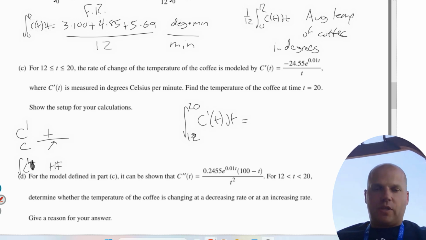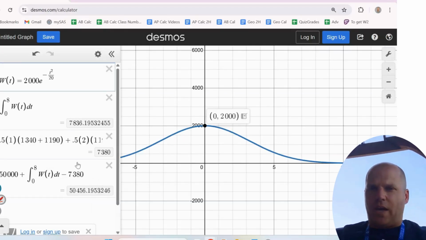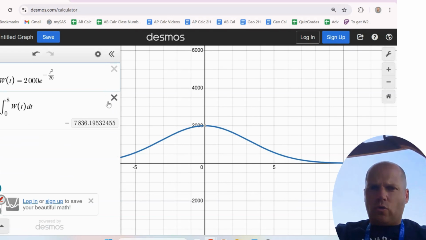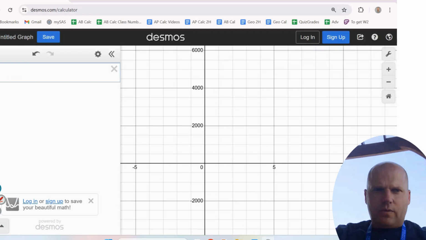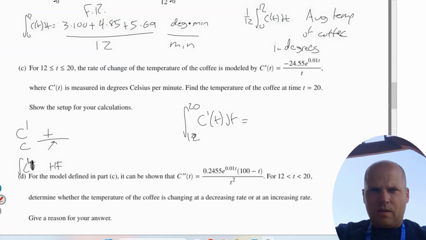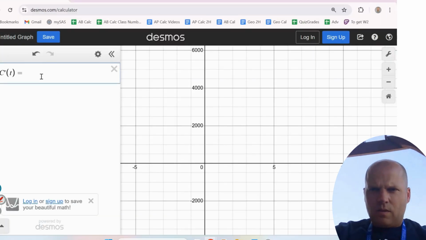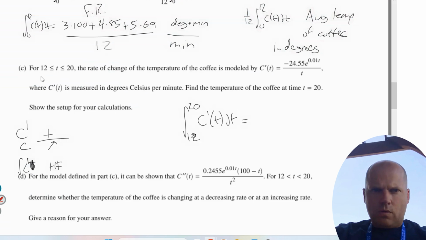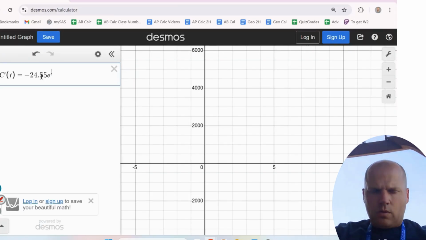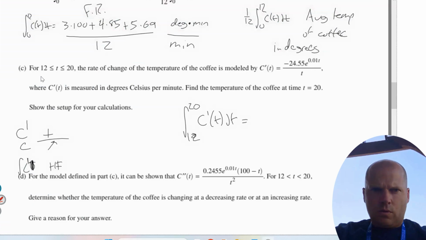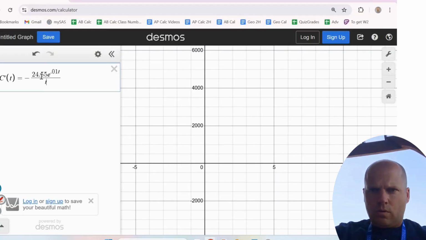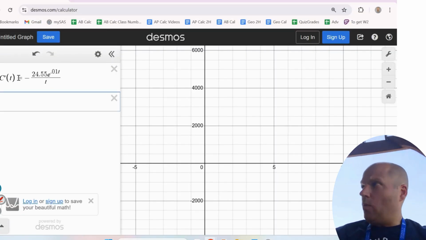Now, here's something that's interesting. I'm glad it's showing up now. You are not allowed to graph a derivative. So if I try to type C prime, it won't.